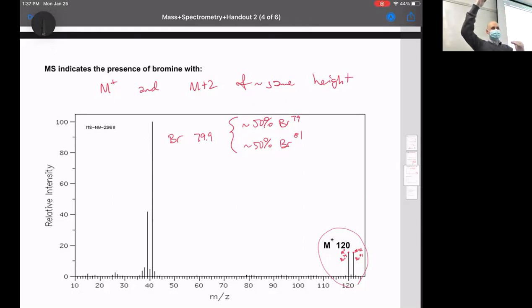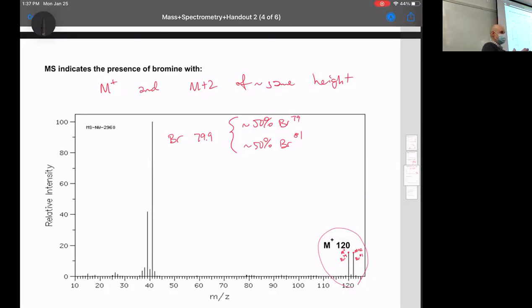If you got an M+2 that's a third the height, it means chlorine. And if you don't have an M+2 that really sticks out at all, it means you don't have either of those things. And if your molecular ion peak is odd, you have nitrogen. And if it's even, it probably doesn't have any of those things. Sound good? So these are little tiny bits of information, but they end up being really helpful.